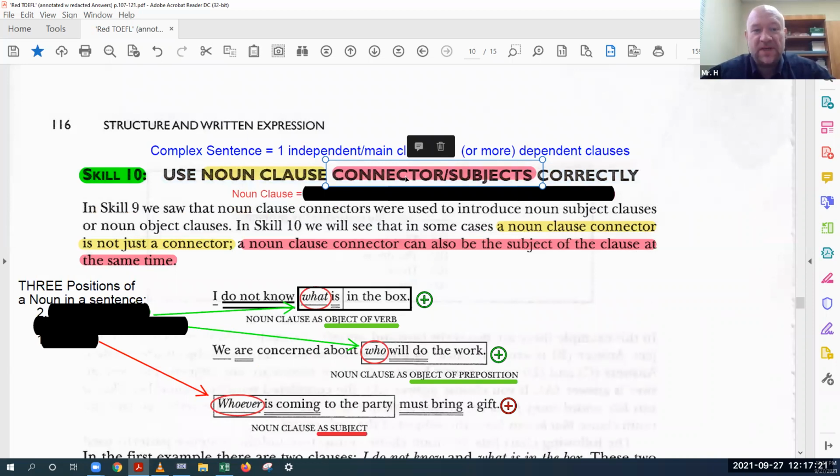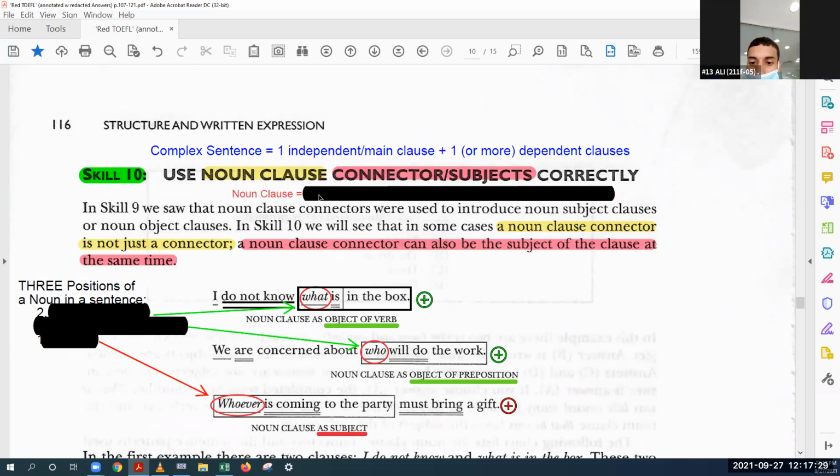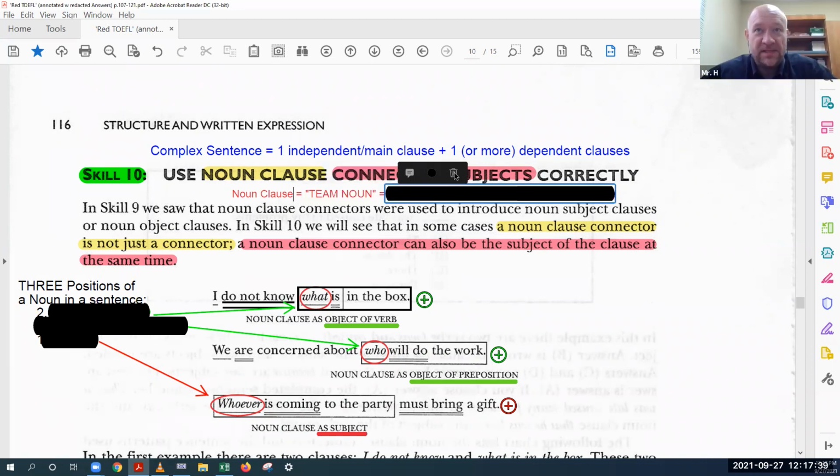What is the meaning of a connector subject? So read this, Ali. Noun clause. What is a noun clause? We studied noun clauses yesterday. A noun clause is one noun with many parts. What does it do?